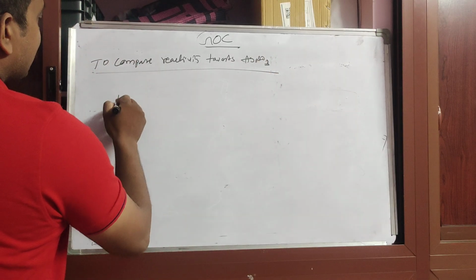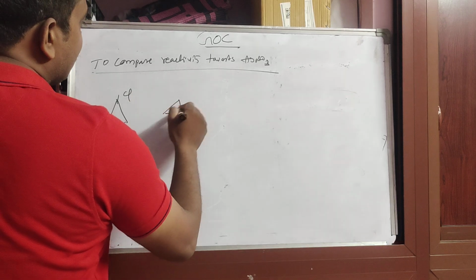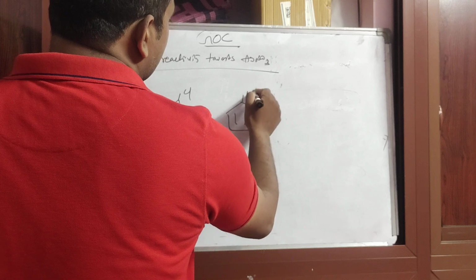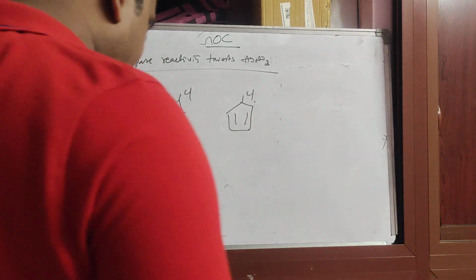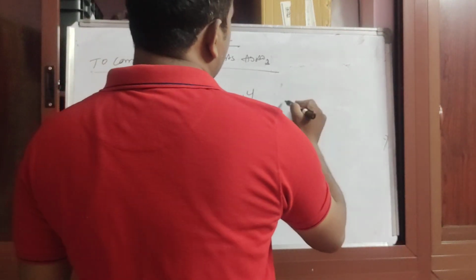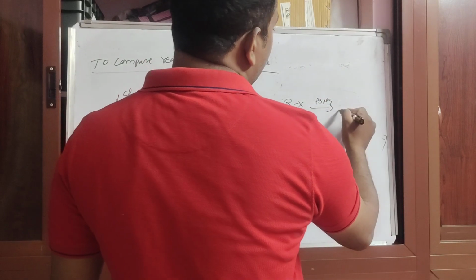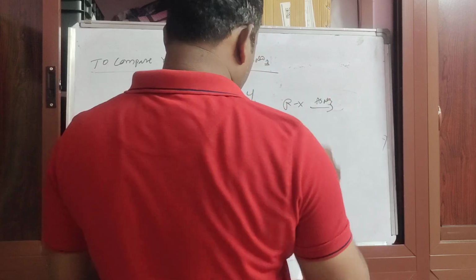Take chlorine. If you take this one, then the alkyl halide reacts with silver nitrate. What will form?